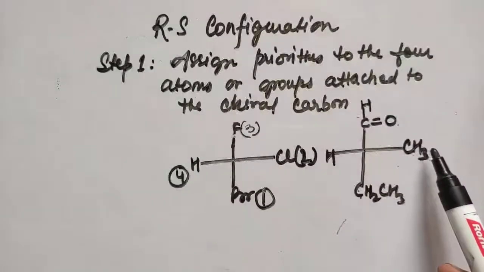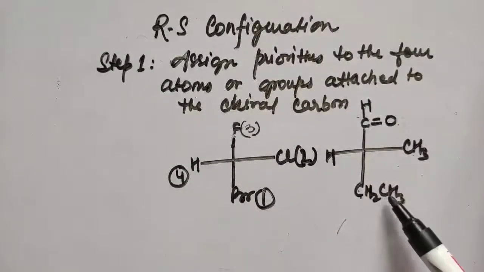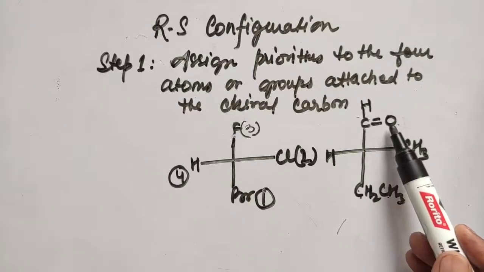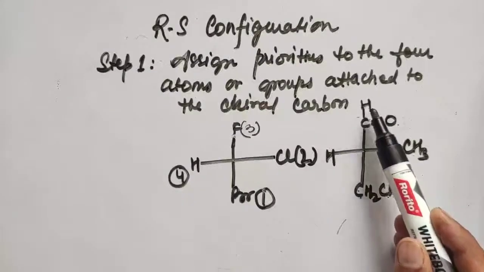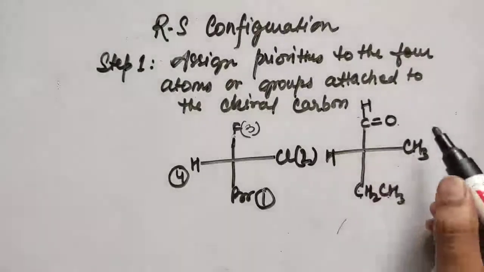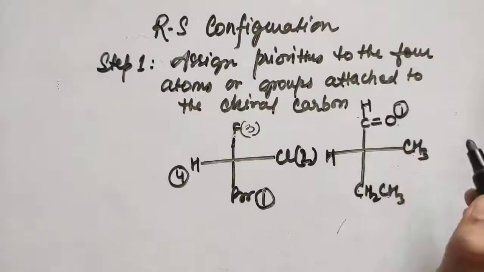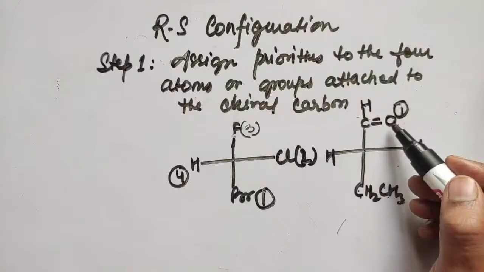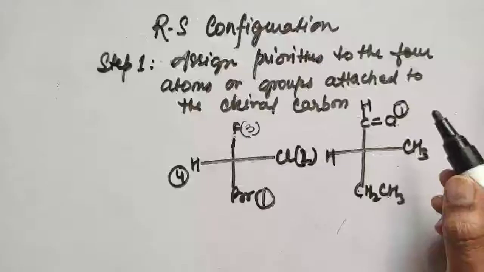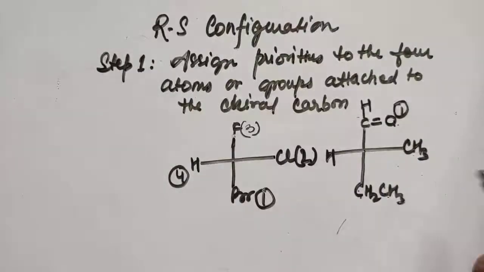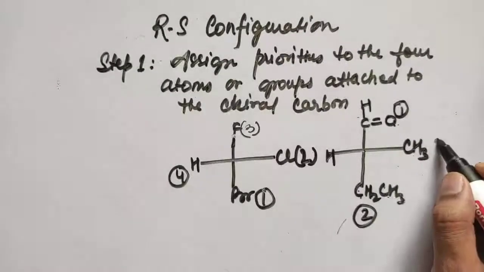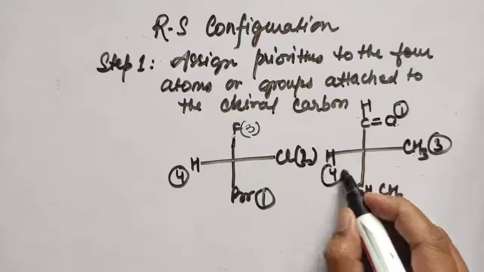So here it is 3 hydrogens, here it is 2 hydrogens and 1 carbon, and here carbon is attached to 2 oxygens and 1 hydrogen. So this group will be given first priority as oxygen. The next atom to carbon is oxygen, which is highest in atomic number among these 3. Then comes this group, second priority, then third, and then fourth.